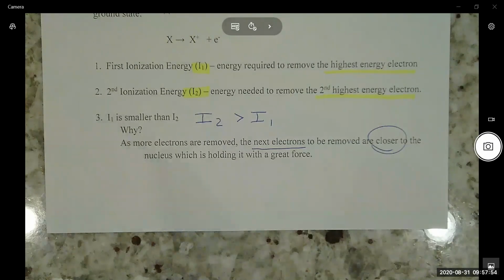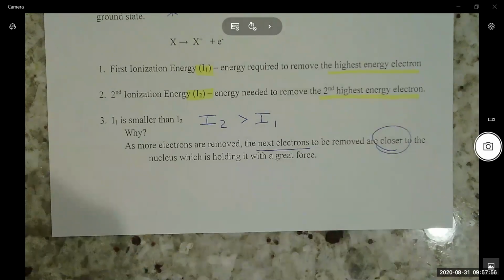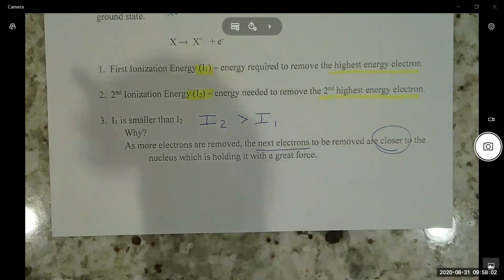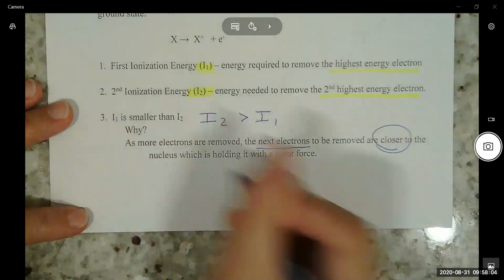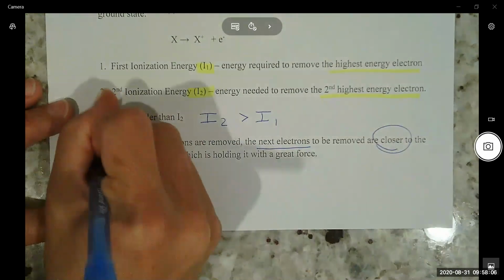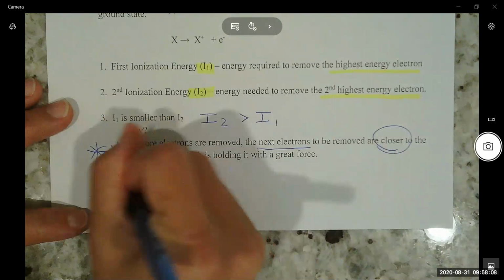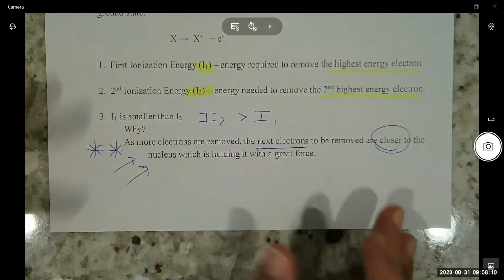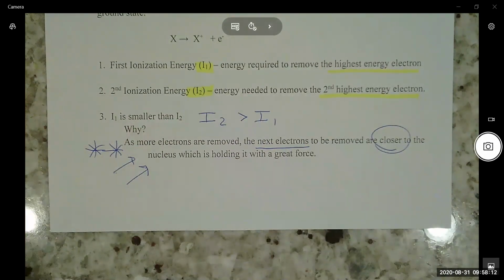Since that second electron is closer to the nucleus, it has a stronger force of attraction, so it's harder to pull away. You will definitely be asked to use this as an explanation when discussing ionization energies. The closer the electrons are to the nucleus, the harder they are to remove, and that makes the ionization energy greater.